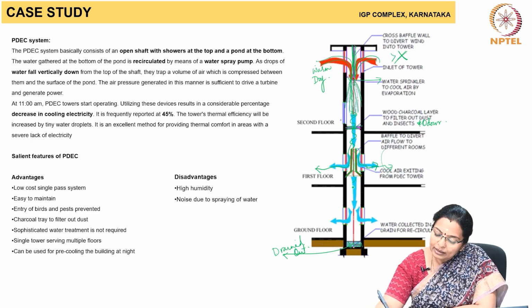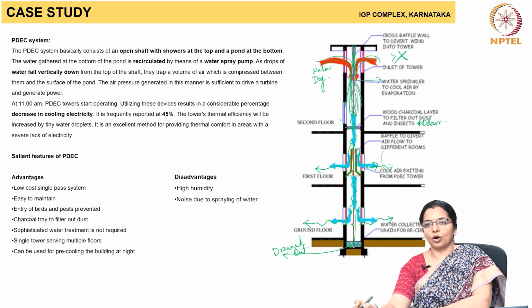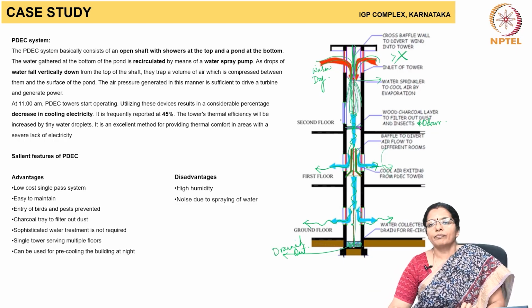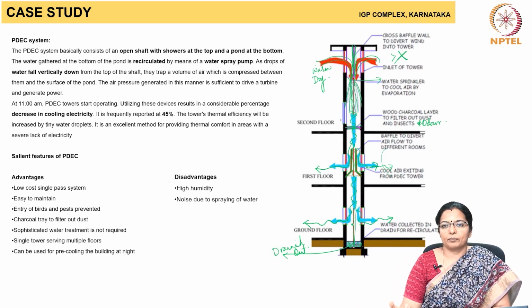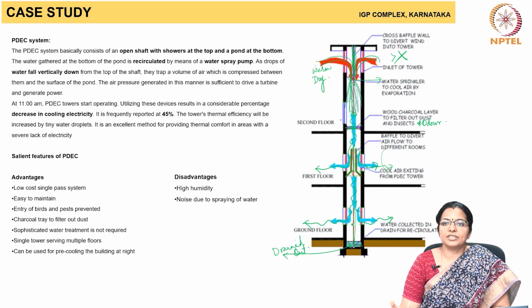Again, the remaining air which flows down gets into the ground floor. It is directed by means of a baffle wall here. It is said that at about 45%, the tower's thermal efficiency is increased because of the tiny water droplets.